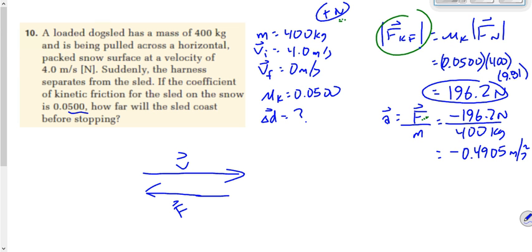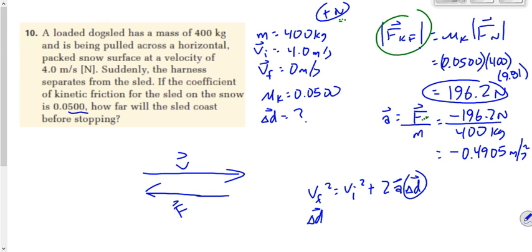All right, Laura, you seem to be the star on this question today, so tell me what I do next. Good. So we're going to rearrange that to solve for delta D here.